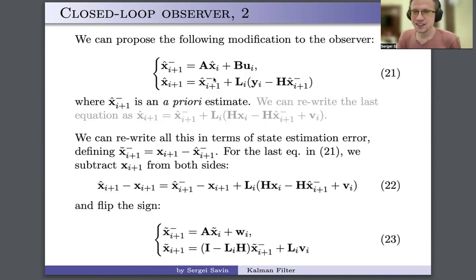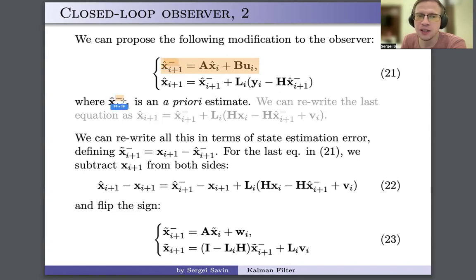Here is more technical stuff, so let us just survive through it. It's not very difficult, but there is a lot of mathematics. So let us propose the following modification of our observer. This is what we proposed previously, but now we have an additional subscript minus here.